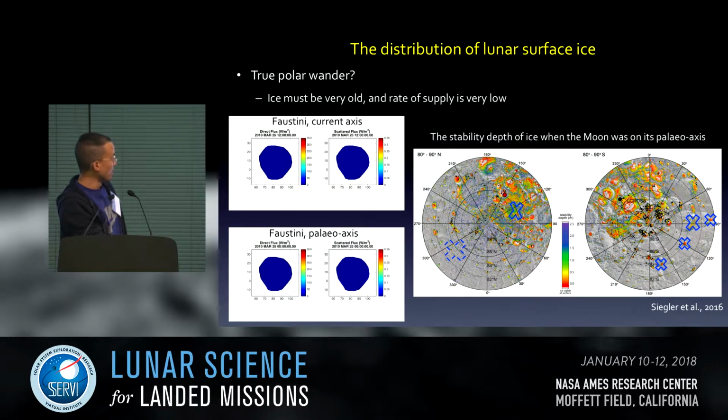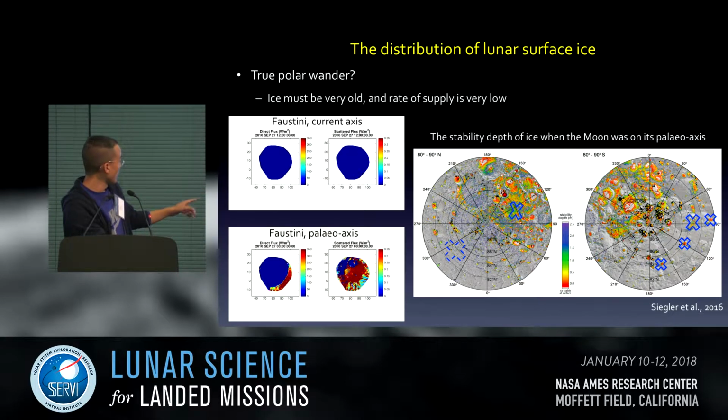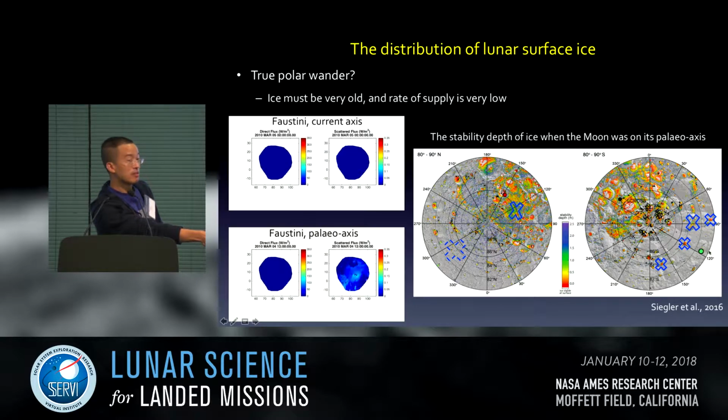We did a simulation at Faustini crater. This is on its current axis, and this is on the paleo axis. I didn't synchronize them, but if you do, you will find there is way more light scattered into this crater when the Moon was on its paleo axis. And it should be the same case on Amundsen and these craters when the Moon was on its paleo axis.